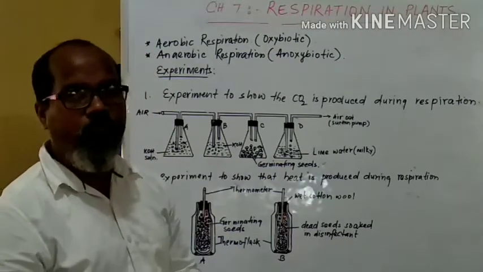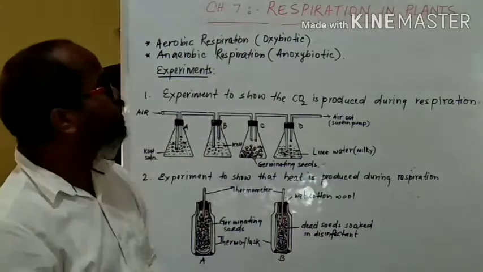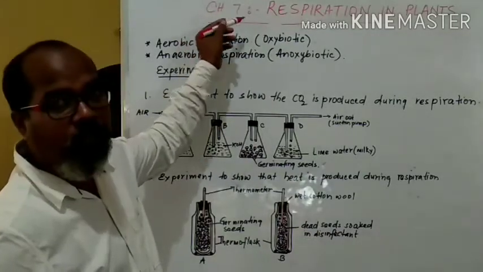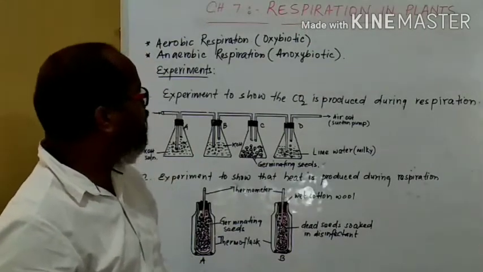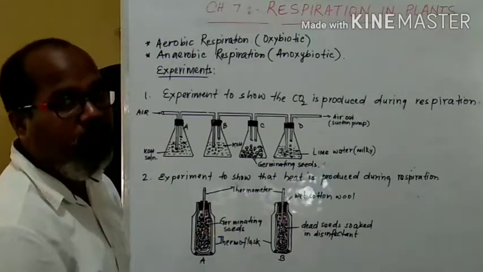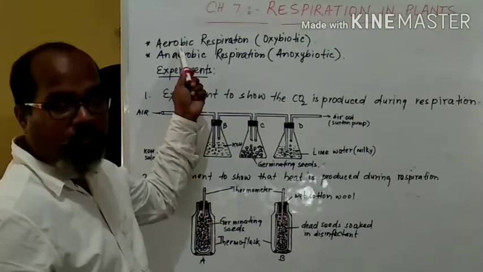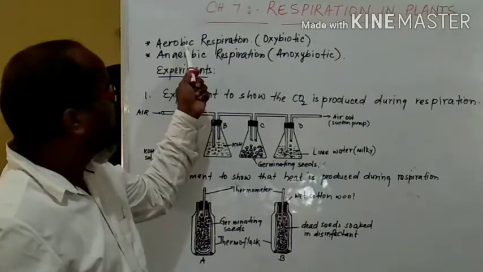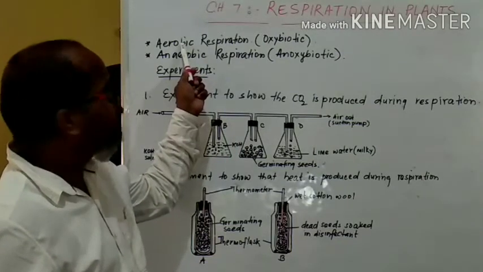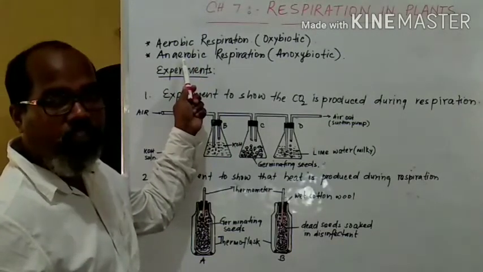Today in this video we are going to continue with chapter 7, Respiration in Plants. In the previous video we ended with two types of respiration and their differences: aerobic respiration and anaerobic respiration.